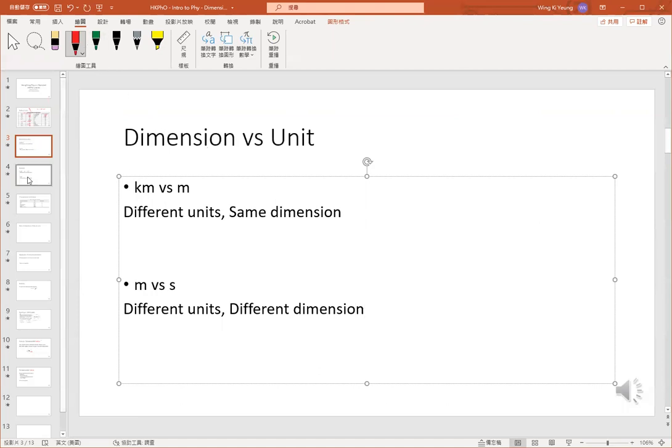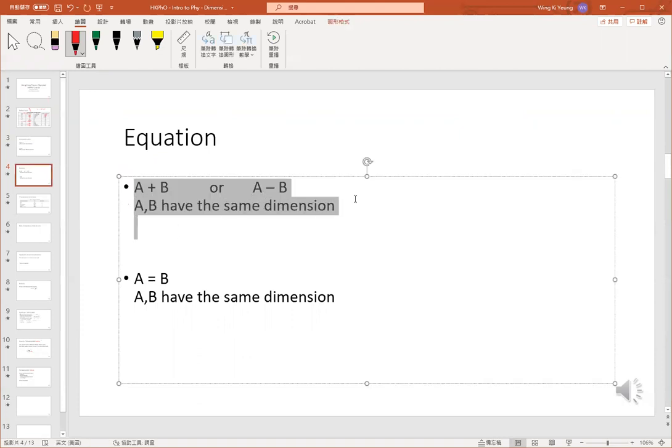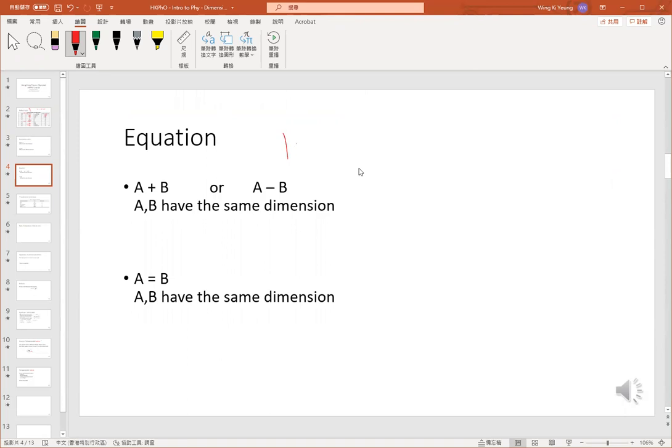Then let's move on. For the equations, in physics, if you want to add or subtract two numbers, you need to make sure that they have the same dimension. So you can't add 1 meter to 1 second.